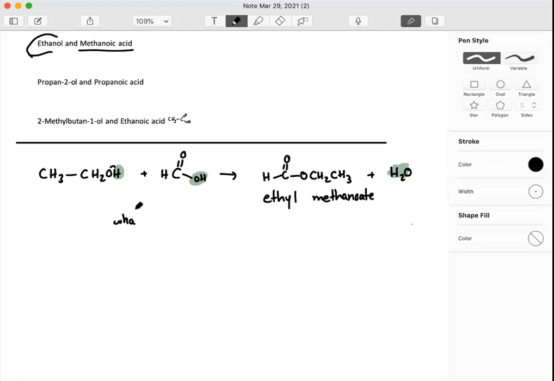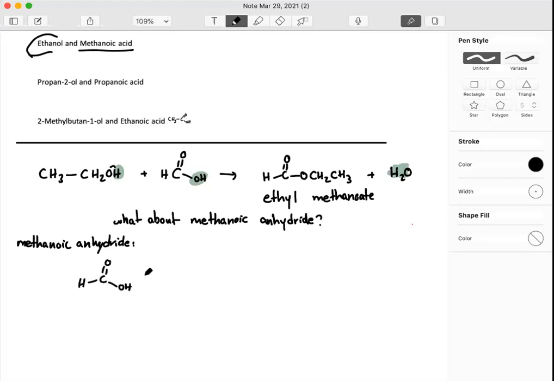So what about methanoic anhydride? Any anhydride is written this way. So let me write first what the methanoic anhydride is. I have an H, this is the methanoic acid, and I will draw it again, but as if it's in a mirror. So I draw it the same, OH, but in the mirror. See the bond OH.